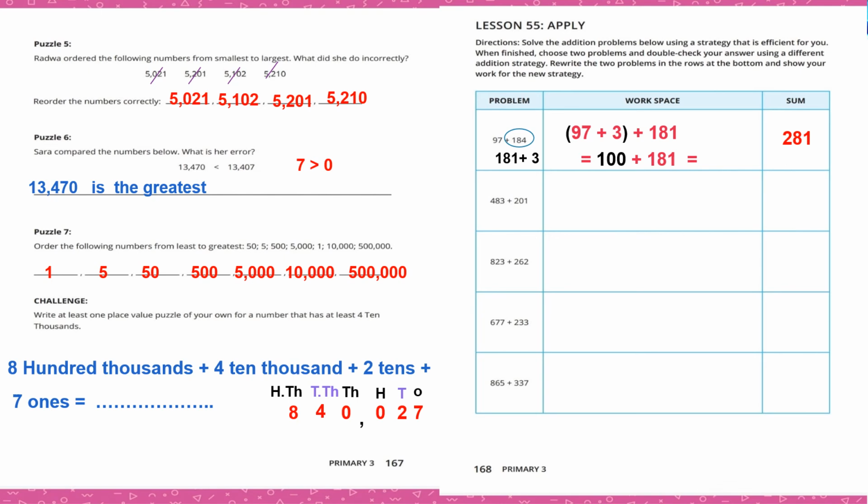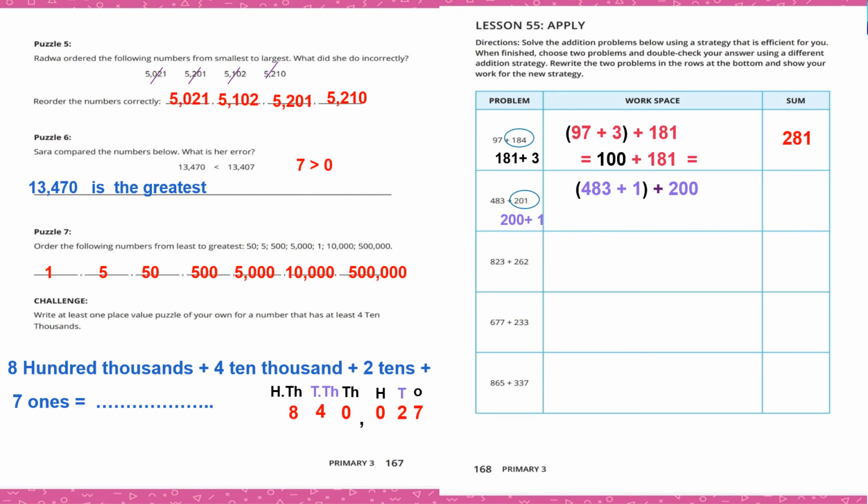Number 2, like number 1, 483 plus 201. Let's split 201 to be 200 plus 1, like this. So make the associative property. 483 plus 1 plus 200.